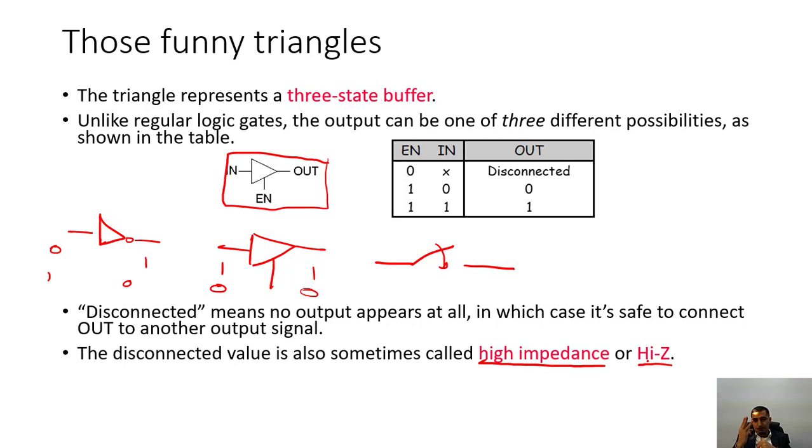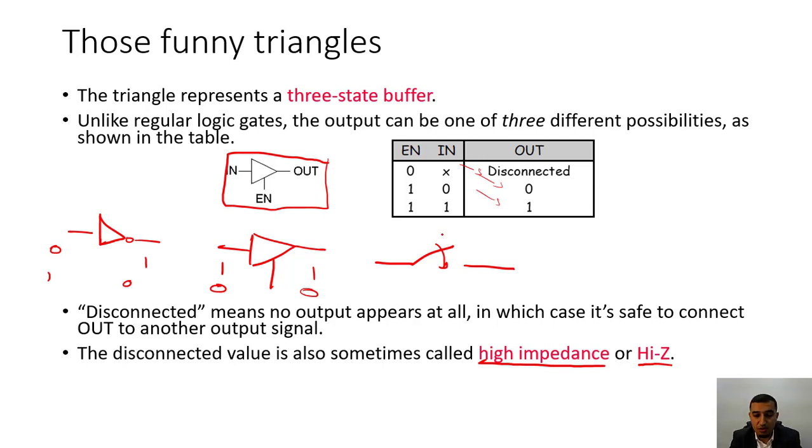Tri means 3: 0, 1, and high impedance, or disconnected. So 3 states for this buffer. The triangle represents a tri-state buffer. Unlike logical gates, the output can be one of 3 possibilities, which is high impedance, logical 0, or logical 1.